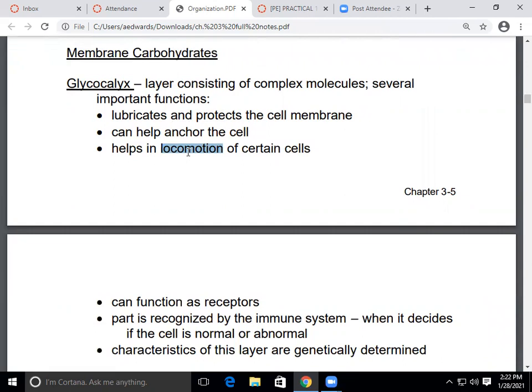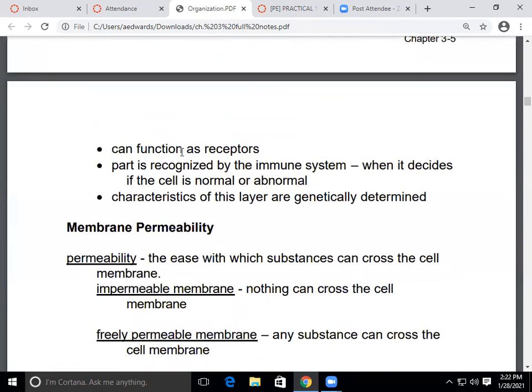You might be moving those cells from somewhere to another, or it could be just moving some part of the cell. Glycocalyx can also function as a receptor, and part of that glycocalyx is recognized by your immune system. That's part of that normal versus abnormal. It's involved in that.